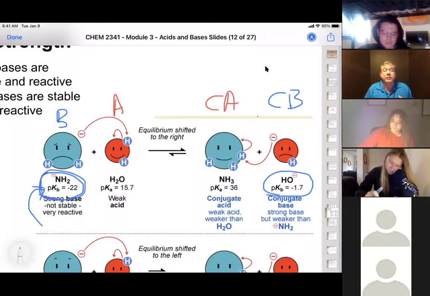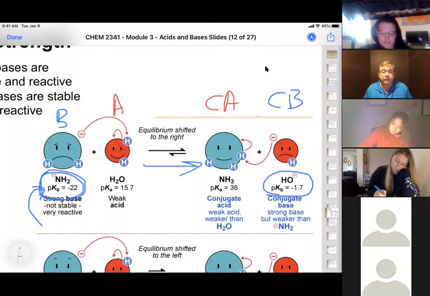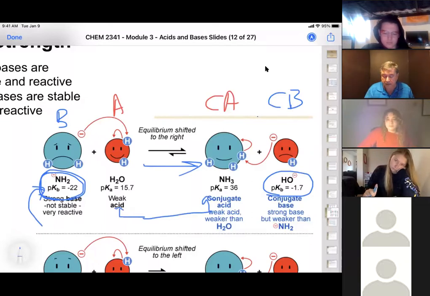Therefore, it's going to shift the equilibrium toward the weaker base. Okay. Notice that if we compare the pKa's, we actually see the same thing. We're going from this stronger acid to the weaker acid in the system. But I want to compare just base strength for the next few slides. Okay, so we're going to talk more about that pKb.